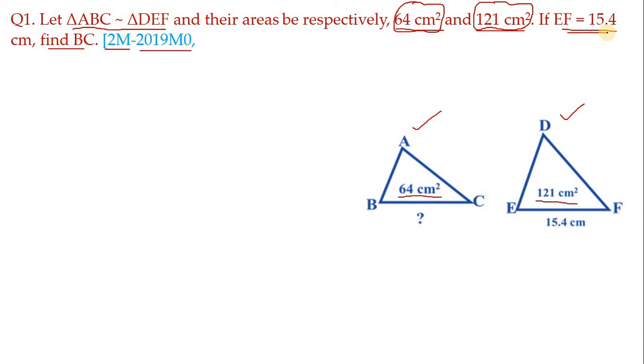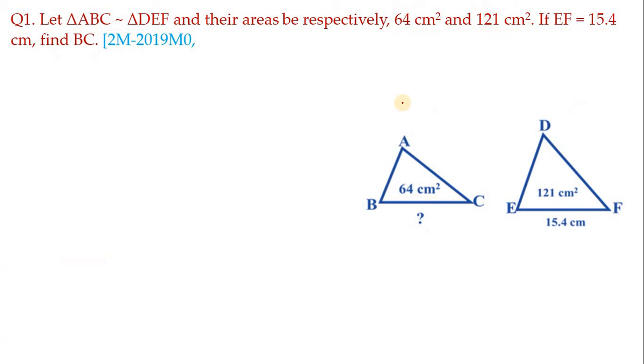Next, EF is 15.4 centimeter, so here I have mentioned 15.4 centimeter. And here we have to find the length of BC, hence I have mentioned a question mark.